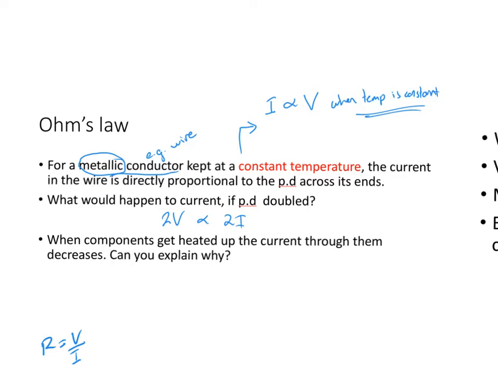Now, why are we saying constant temperature? Why does this happen only when there's constant temperature? Well, when you have components in a circuit, they start heating up, and that's because of the resistance through them. I will explain it in a second, but the idea is, why would something heat up?